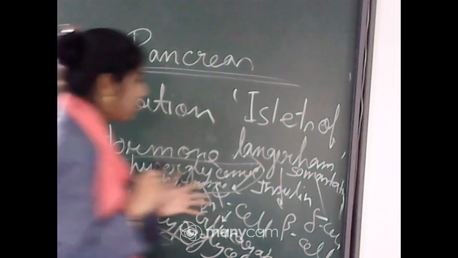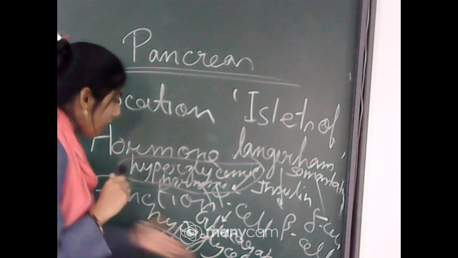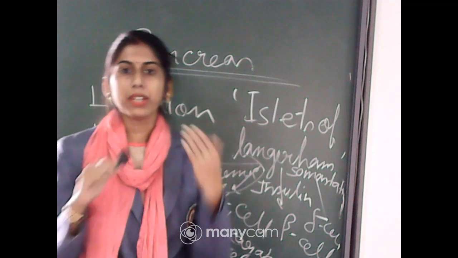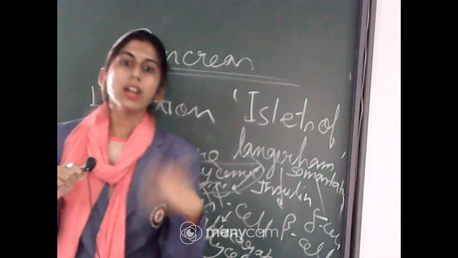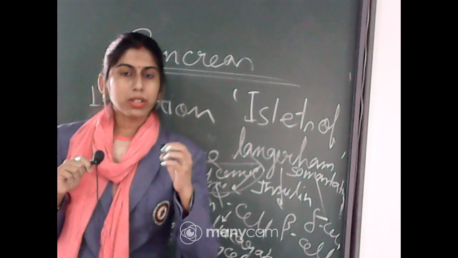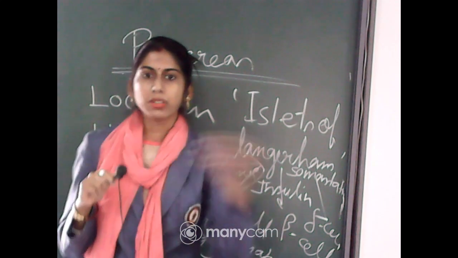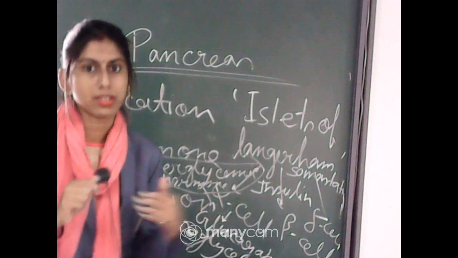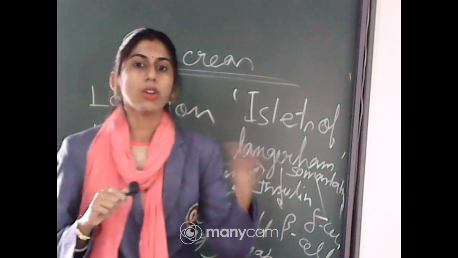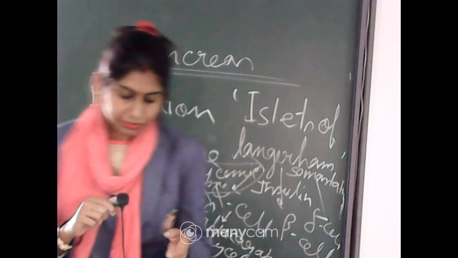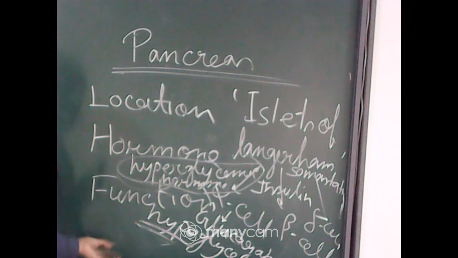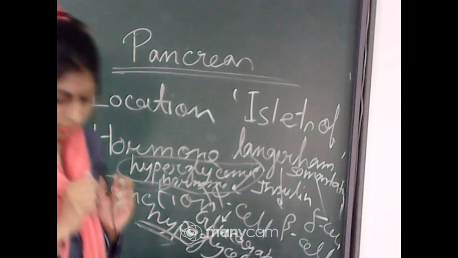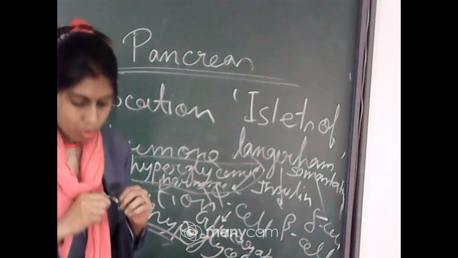The other hormone plays the role of causing hypoglycemia, that means it will pass the glucose from the blood to the liver cells. So they act as antagonists, working opposite to each other. That is why it is called a hypoglycemic hormone, and it also stimulates conversion of glucose to glycogen.